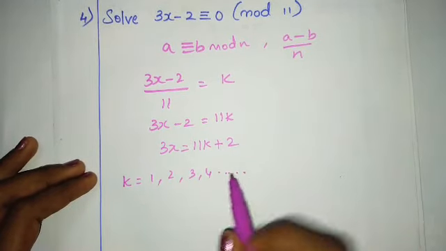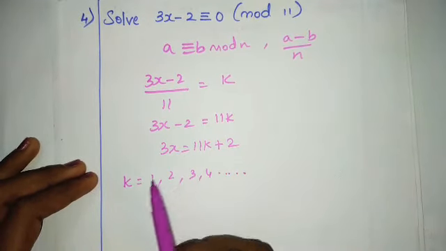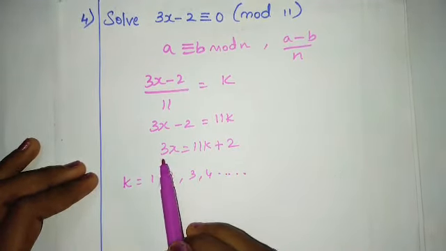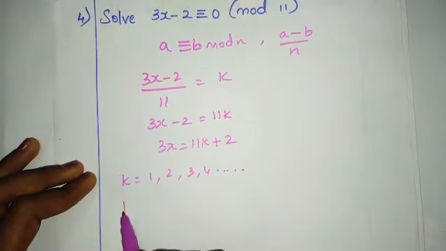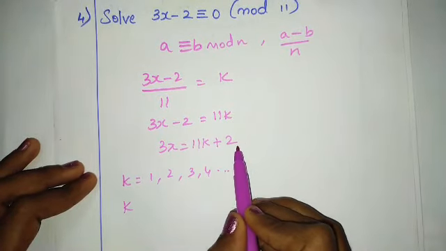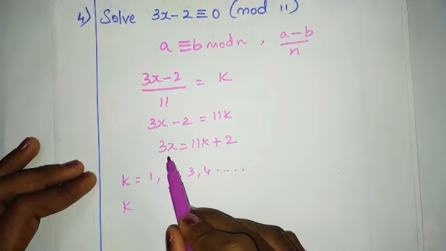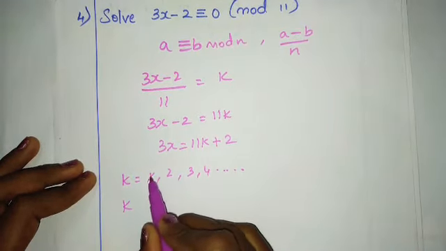But it should be exactly divisible by 3. So if I take 1, 11 into 1 is 11, 11 plus 2 is 13, 13 divided by 3 is not possible. So 1 is not possible.